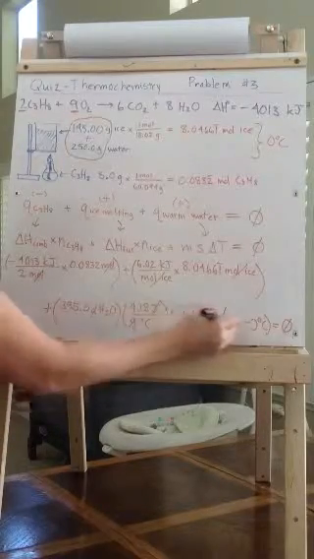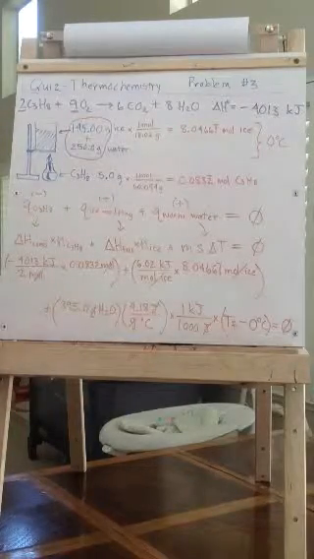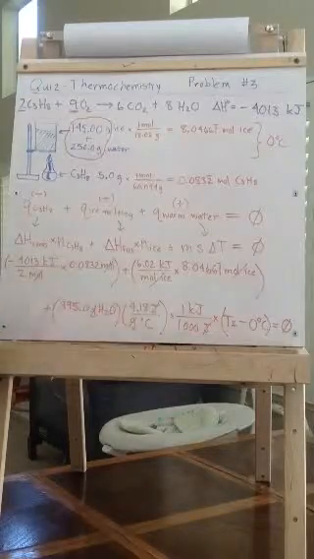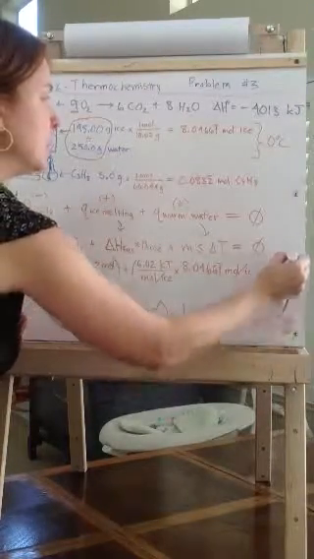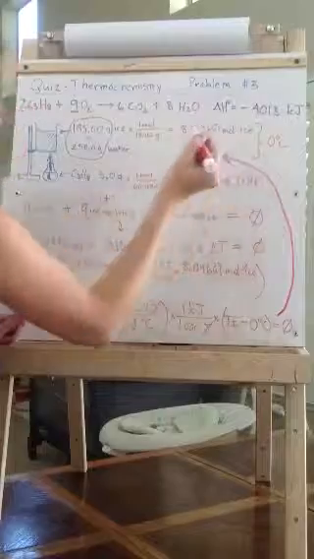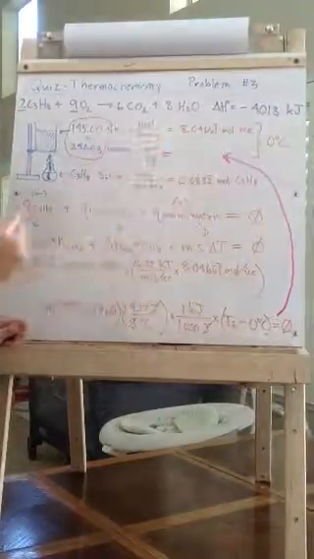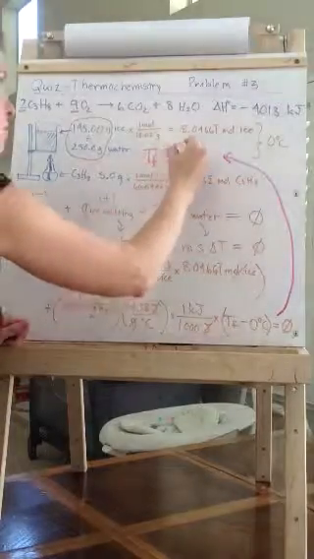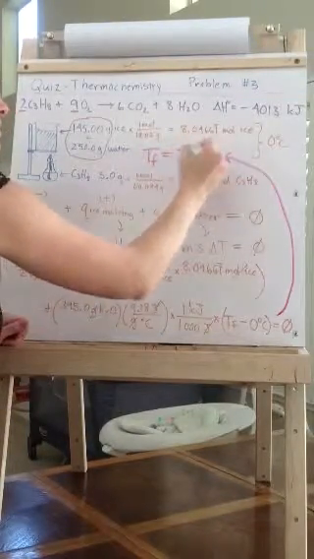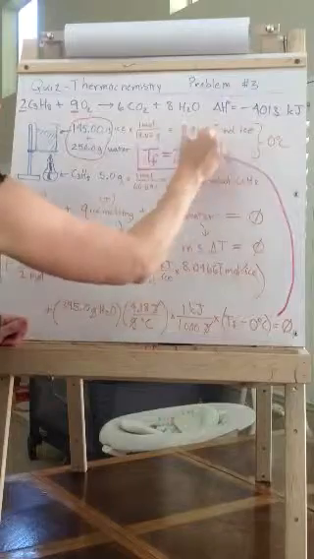Degrees Celsius is what my units will be in when I solve for T final. And so now all I have left to do is a little algebra on my calculator. And I'm going to write my final answer up here because I'm running out of space. But when we solve for T final, we find that it is equal to 72 degrees Celsius. And so that's our final answer.